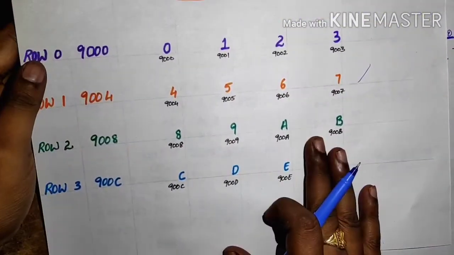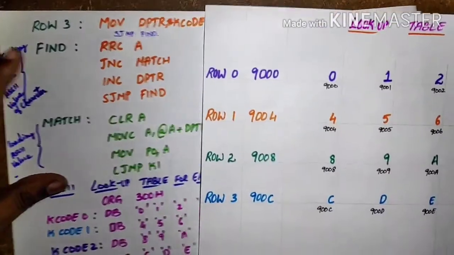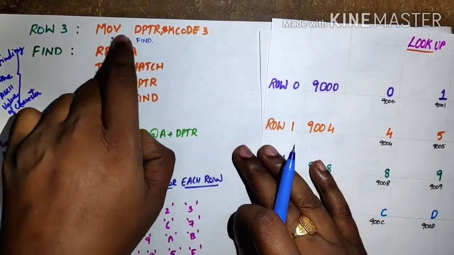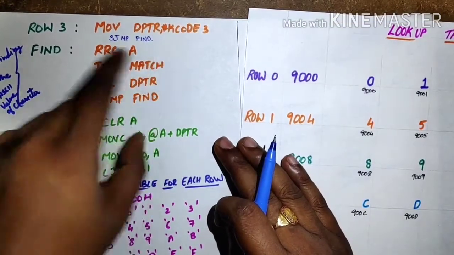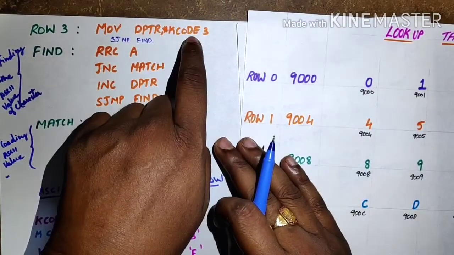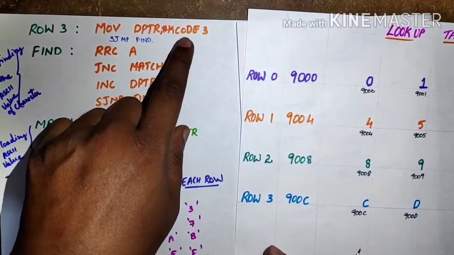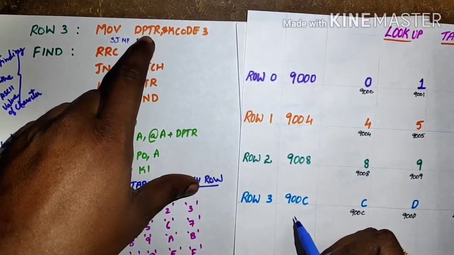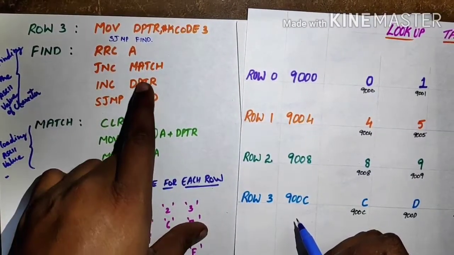So this is our lookup table. Whenever we find any row, for example if we are taking row 3, that particular value is moved here itself. Here the code for row 3 will be replaced with 9003, and this 9003 will be moved to the data pointer. That's what we have done here.